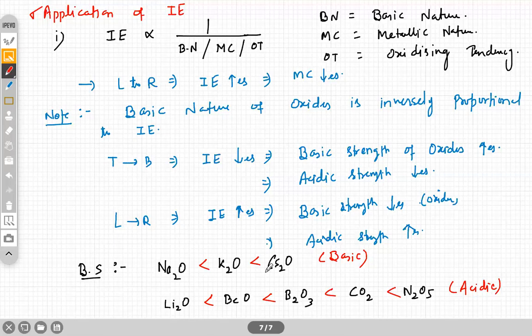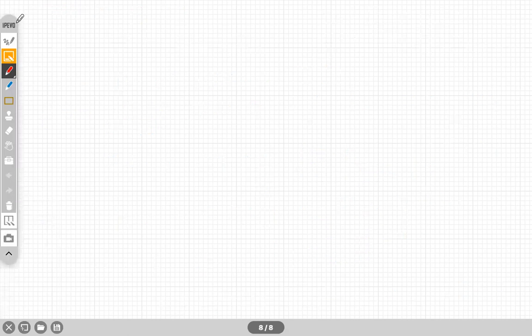Okay, now we have some facts about ionization energy and electron gain enthalpy. So we'll discuss that after finishing electron gain enthalpy. Some facts we'll see, right? After this, the next term you write down, electron gain enthalpy.